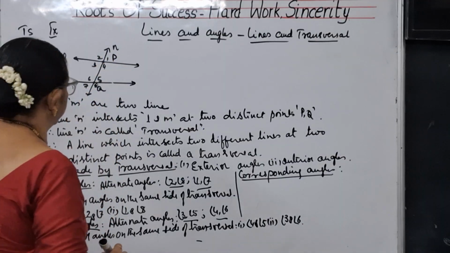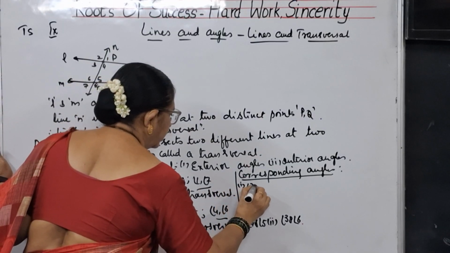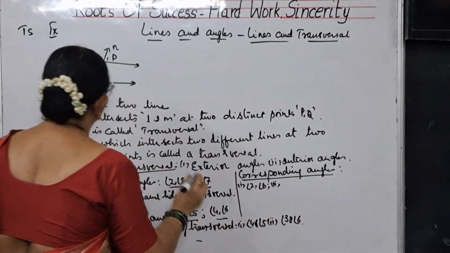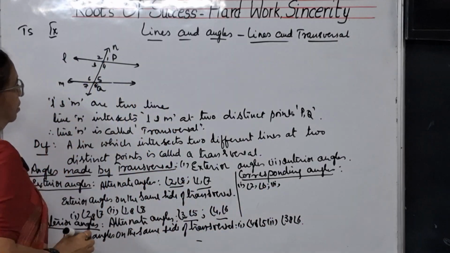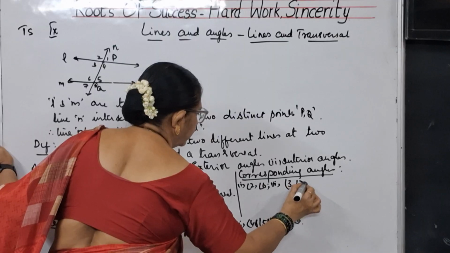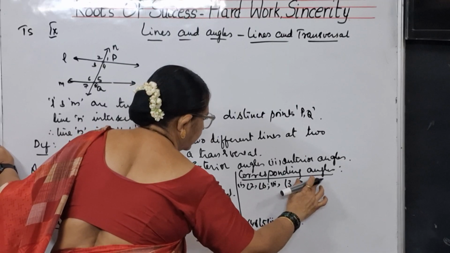So, what are the corresponding angles? One set is angle 2 and angle 6, and angle 3 and angle 7. These are also corresponding angles.